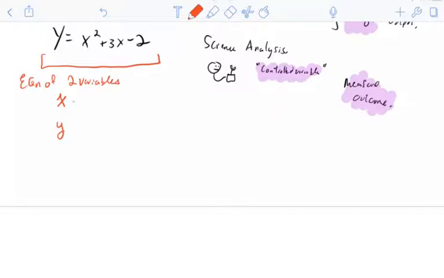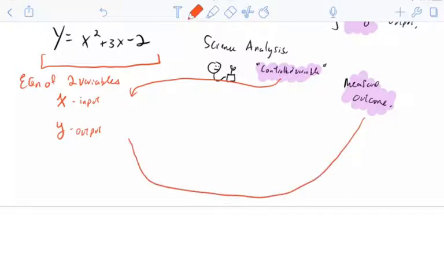X in this case is the input, y is the output, as we just discussed, if we think about this as a function. But then, if you think about this in terms of doing a science experiment, x is the one you have control over, and y is the one that you're measuring.